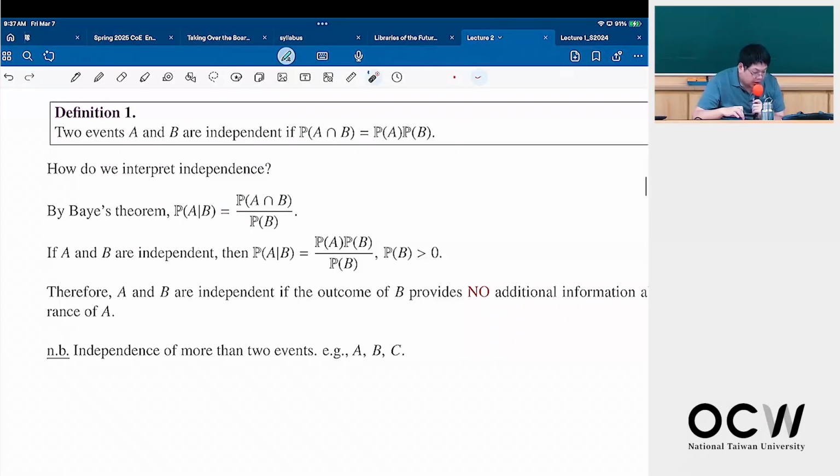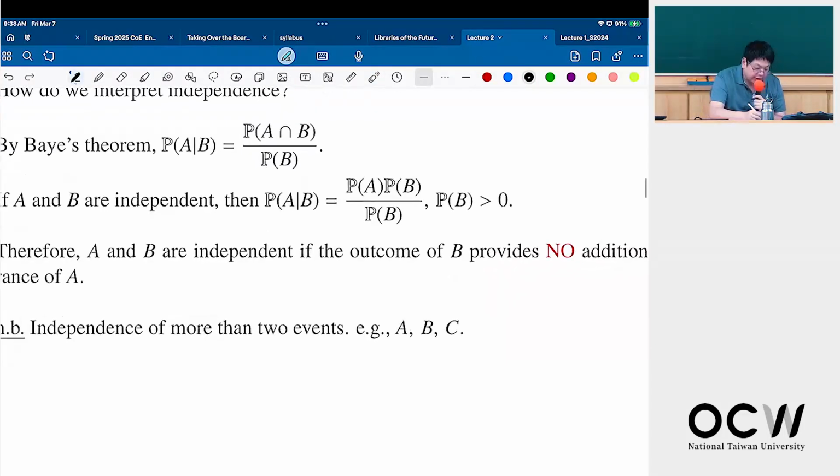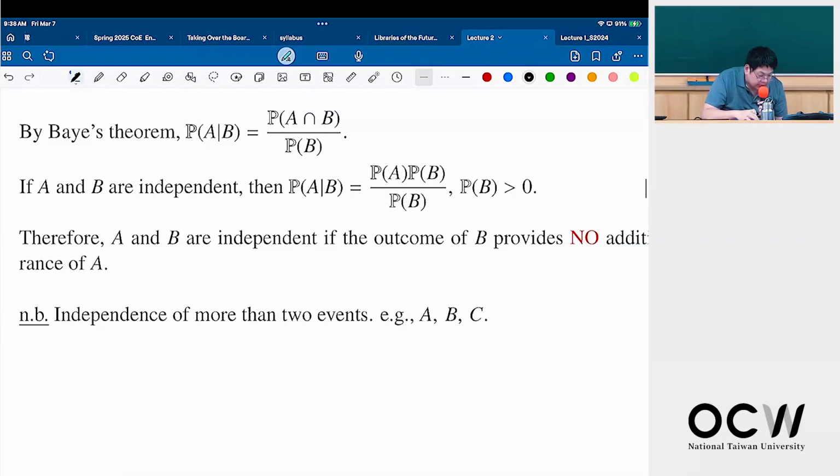If I have 3 events and we say they are independent, that means we need mutual independence, which is also called pairwise independence.